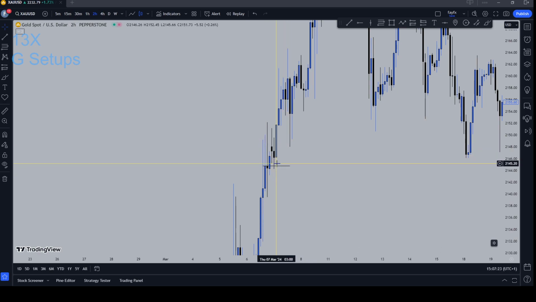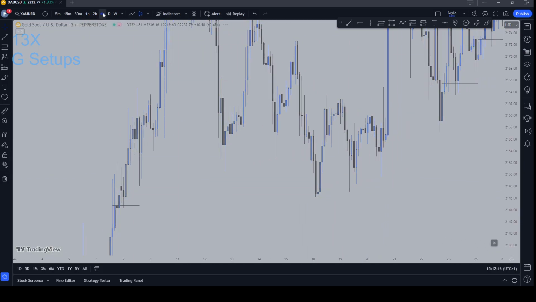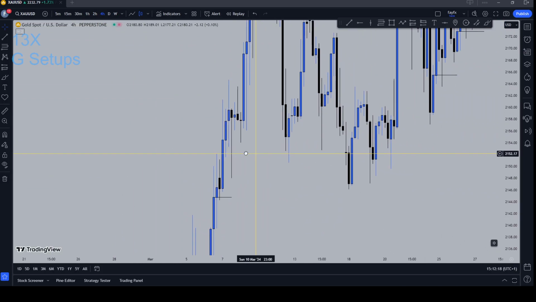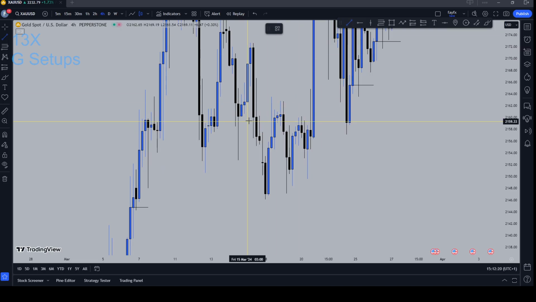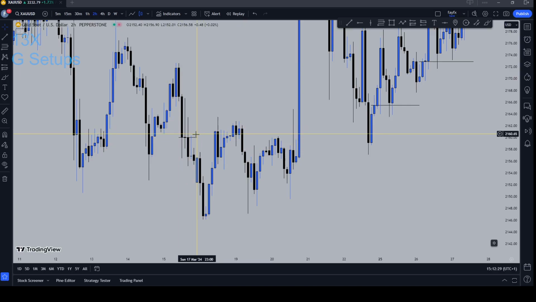Price came down, touched that level, and flew up. Another example. Let's see what happened here. We have a gap on H4. When we go to H1, H2, we get a gap CC.